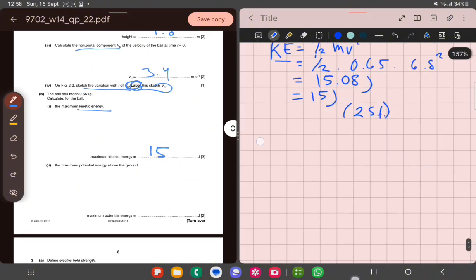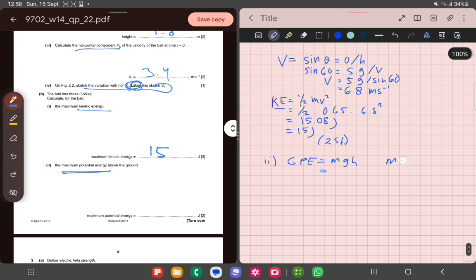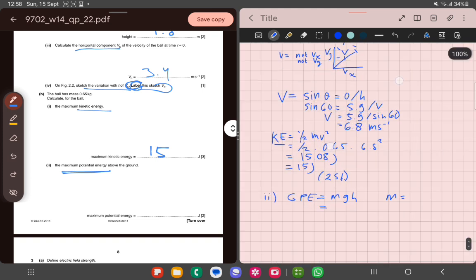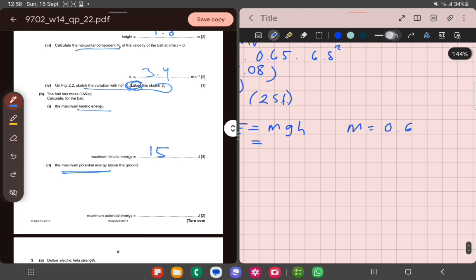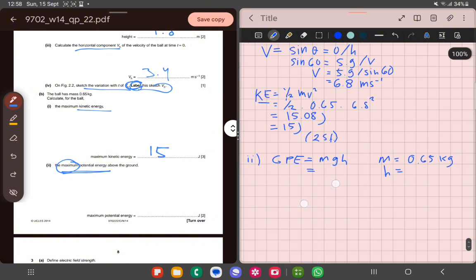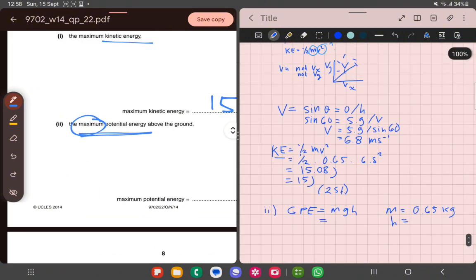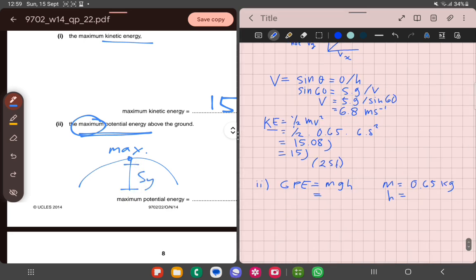The last question is asking about the maximum potential energy. Of course, you can use the GPE here, which equals mass times gravity times height. The mass is already stated, 0.65 kilograms, and the gravity, of course, is constant, 9.81. And about the height, it must be the maximum point because it asks for the maximum potential energy.